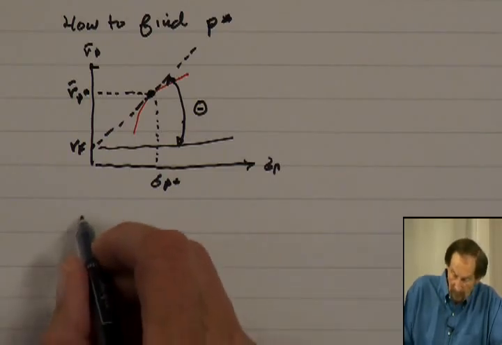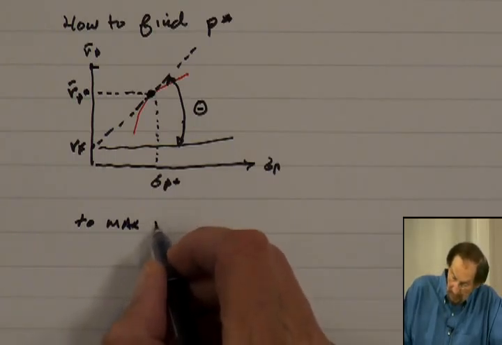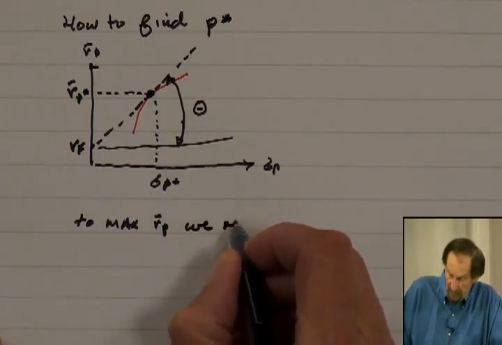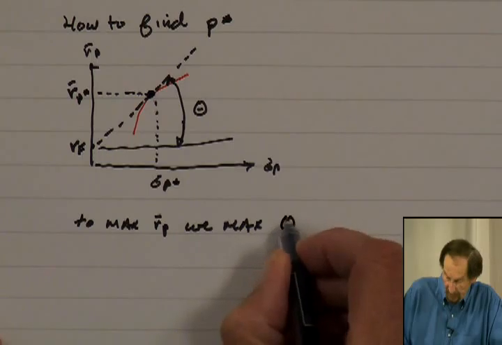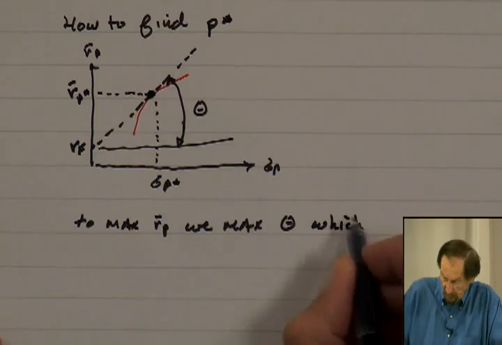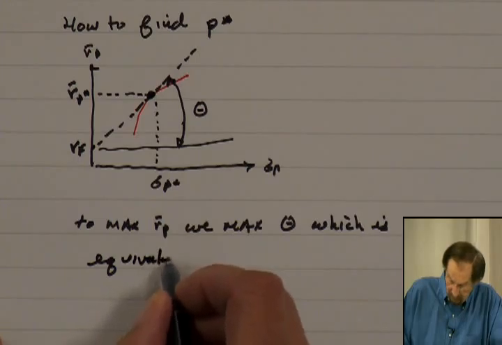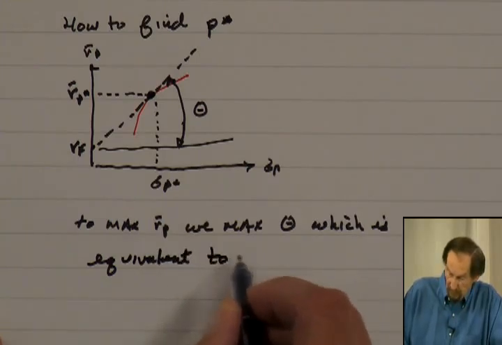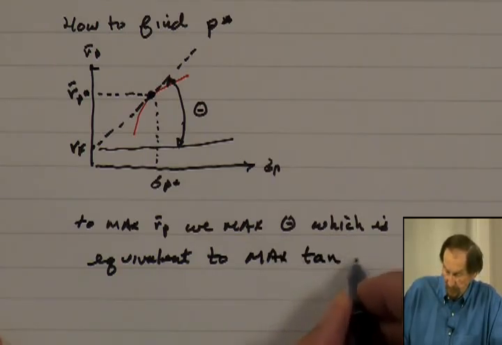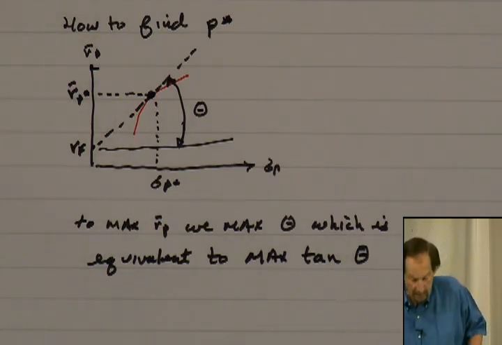So to maximize R bar P, we maximize theta, like we said before, which is equivalent to maximizing the tangent of theta. Okay. And it's easy to calculate the tangent of theta.